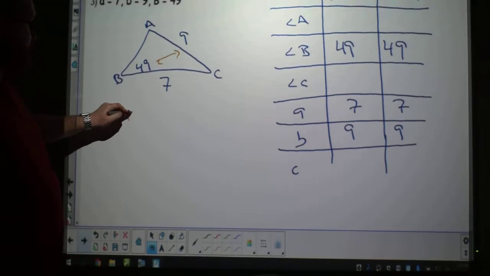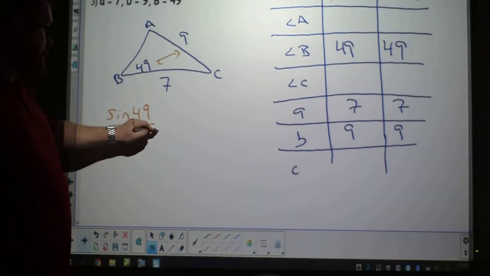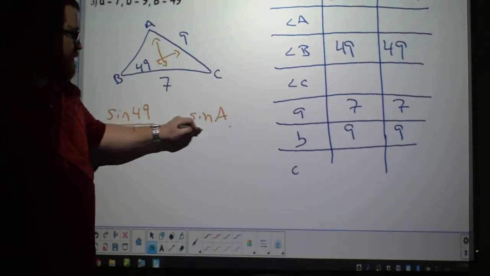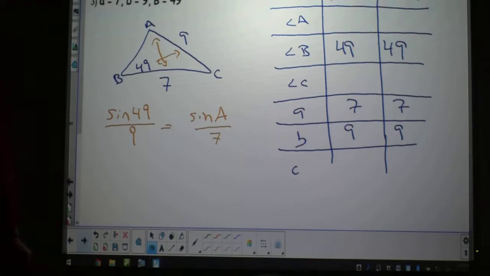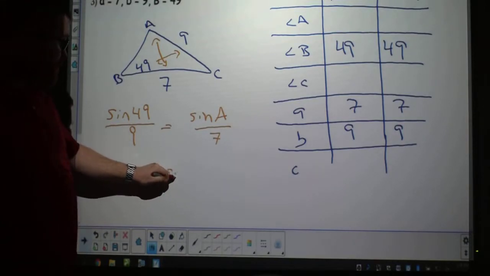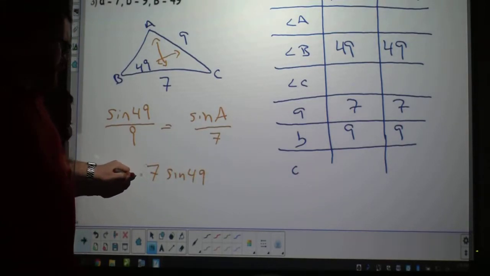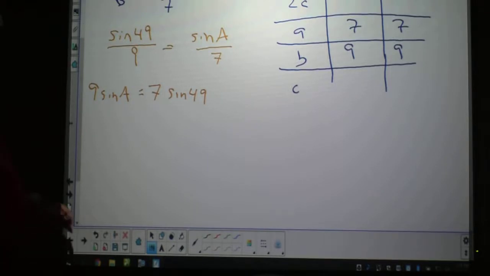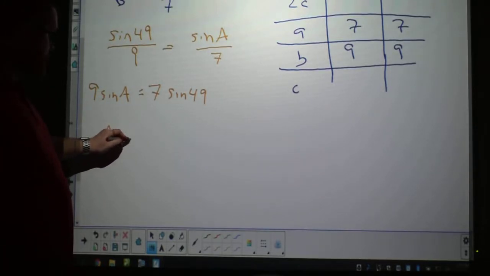So sine of 49 over 9 equals sine of A over 7. If I cross multiply, I would have 7 sine 49 equals 9 sine A. I want to get rid of the 9, so I'll divide. And I want to get rid of the sine, so I'll do sine inverse.